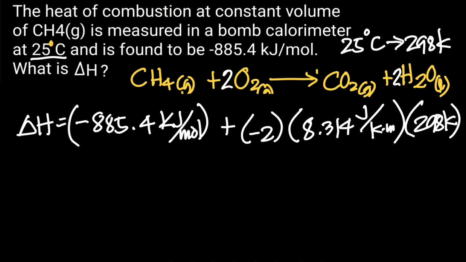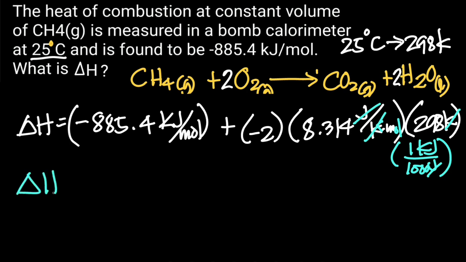Notice that the unit of the ideal gas constant is in joules per Kelvin mole, so we need to multiply this by 1 kilojoule per 1000 joules. The joules cancel out, and the unit will be kilojoules per mole. The Kelvin unit also cancels out.